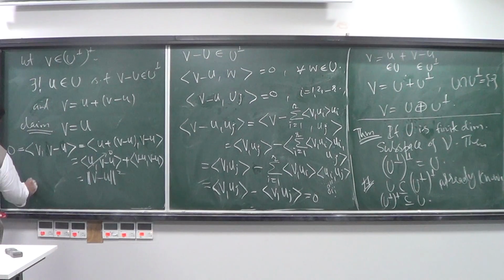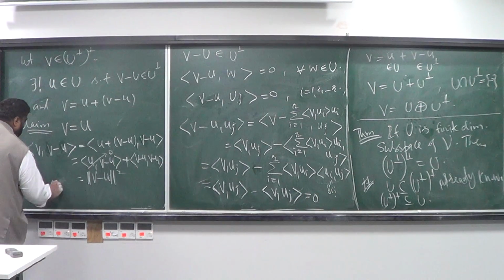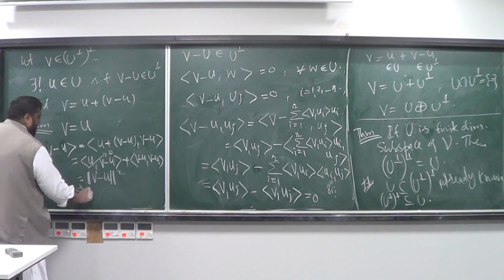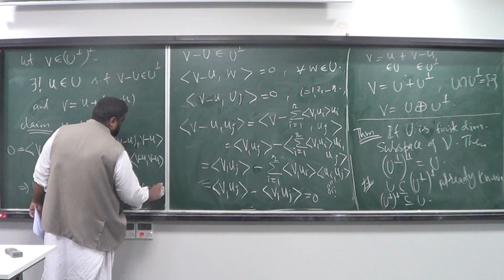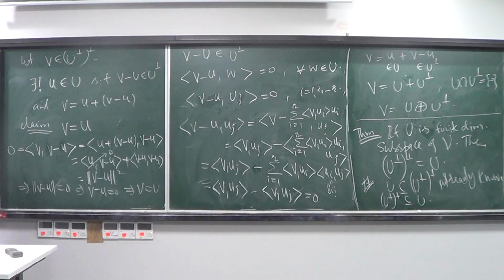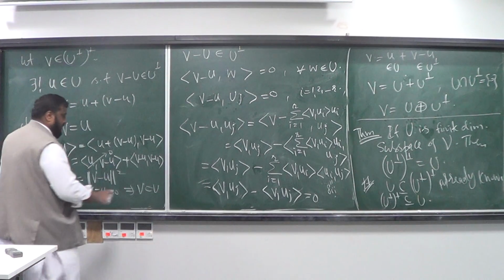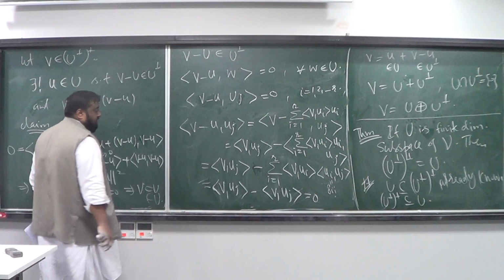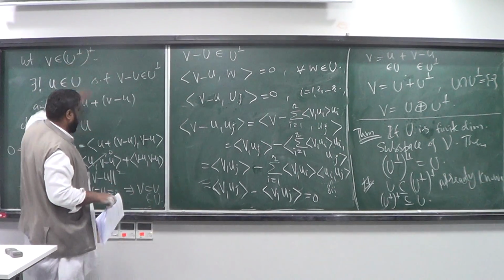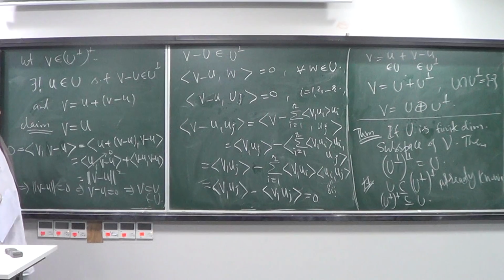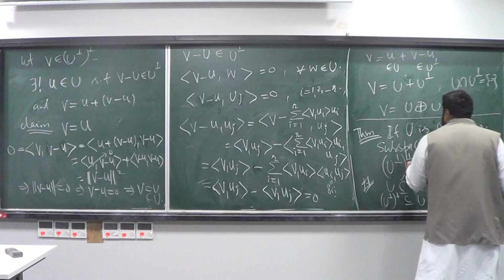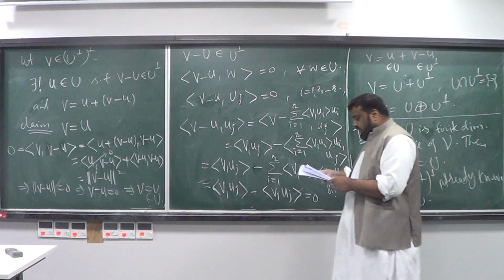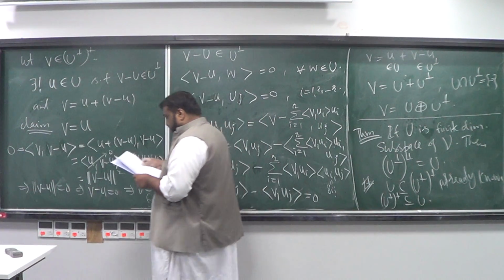So this implies that the norm of v minus u is 0, which implies that v minus u is 0, and therefore v equals u. Since v is u, v also belongs to U. So we picked an element from U perp of the perp and shown that it must be in U, and hence this shows that for a subspace, the perp of the perp is equal to U.